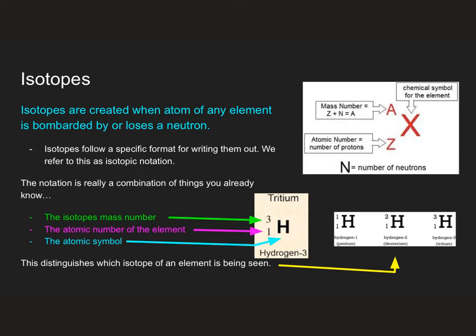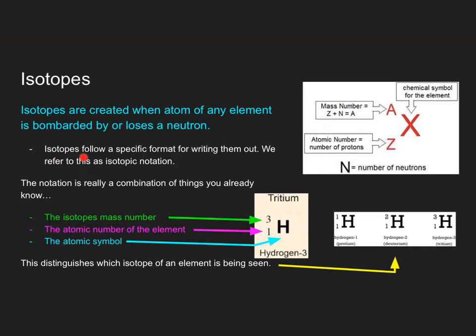So next up is isotopes. Isotopes, again, are basically an atom that has a different number of neutrons. So a lot of times you have the element that's been bombarded by loose neutrons, because any of the subatomic particles can exist outside of an atom. However, a proton by itself is just considered a cation of hydrogen.